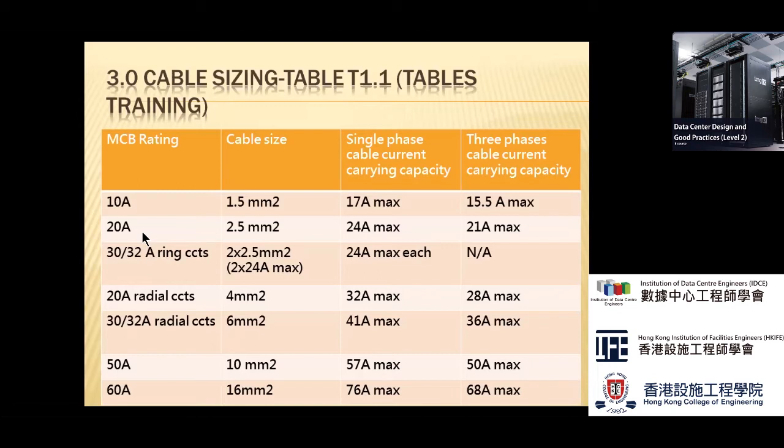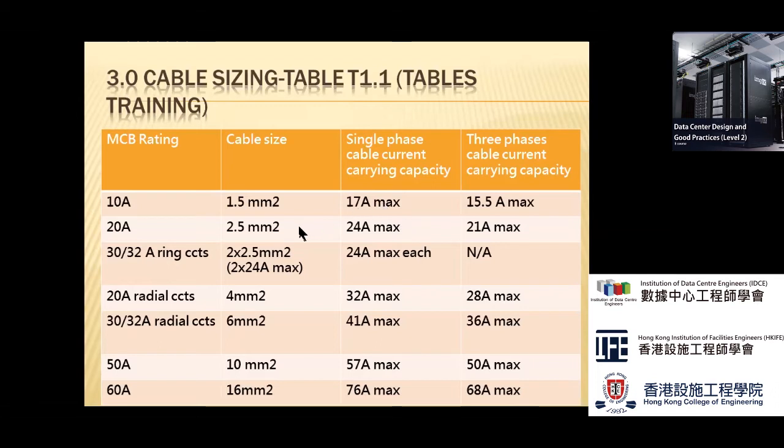You want the cable size rating, in this case 24 amp, to be bigger than the 20 amp, such that the MCB may trip if there's an overcurrent of 21 amp, while the cable can still maintain that within its capacity. That means the breaker or MCB trips first before the cable is burned out.